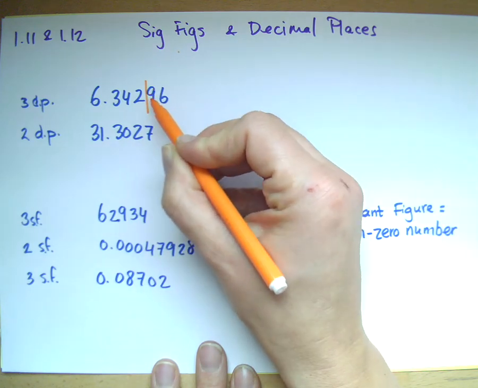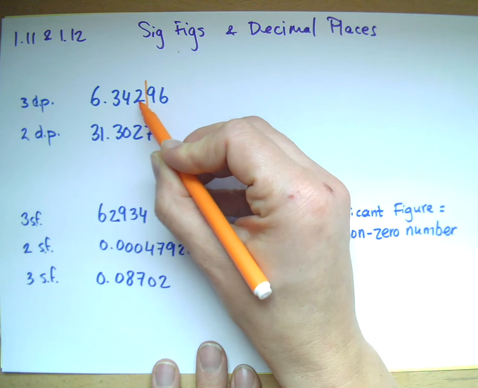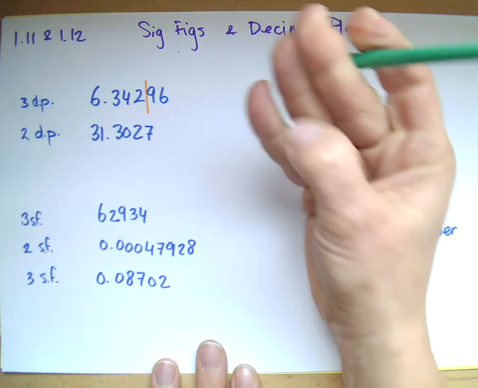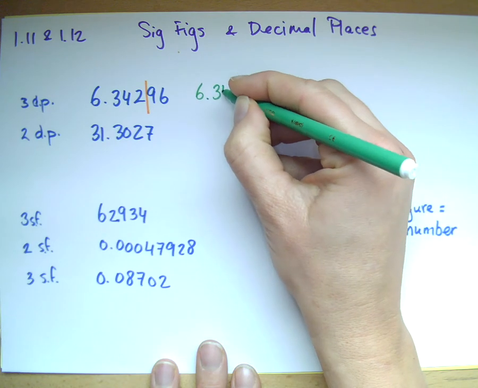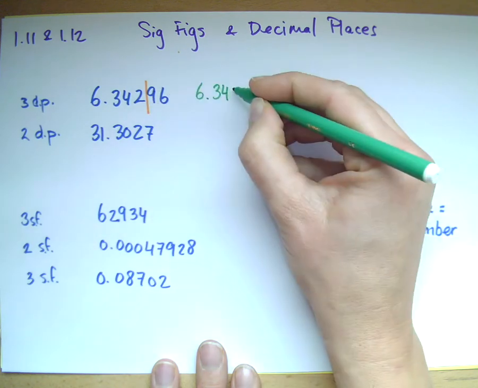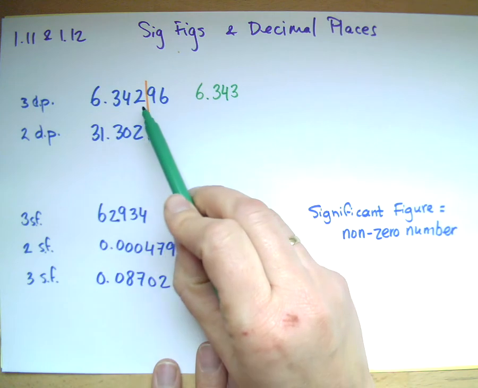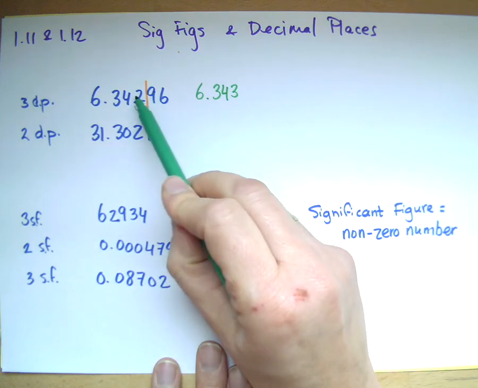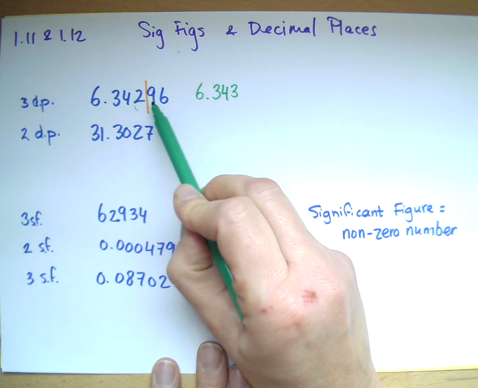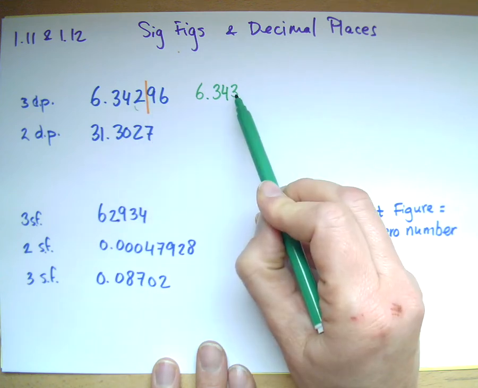This is 5 or more, so we round up. So this 2 turns into a 3. So 6.343. Because this 29 is closer to 30 than to 20, right? So we want the 3.